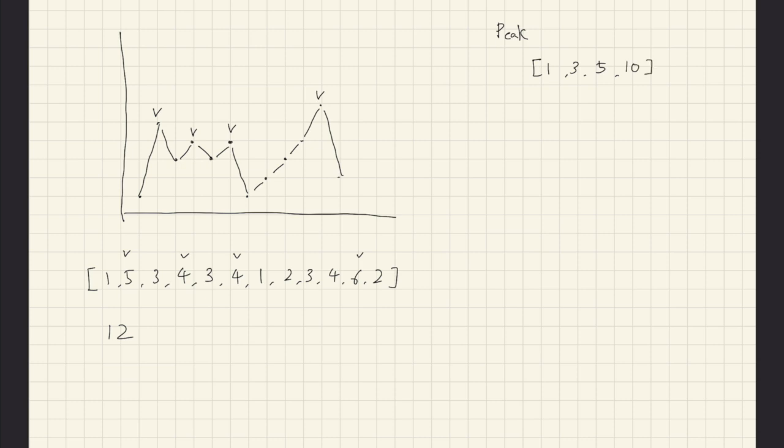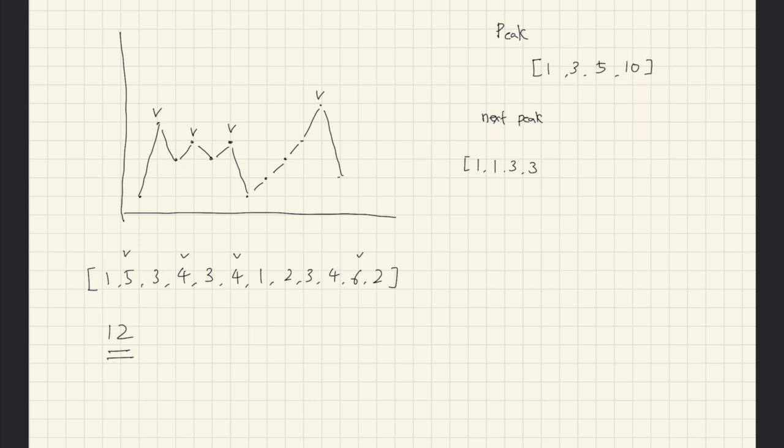Next, make one more array, the next peak array, and fill in the value of the position where the next peak is. If we think of the example here, it should start with 1 because the first peak position is 1. Next is 1, and the next peak is at 3.